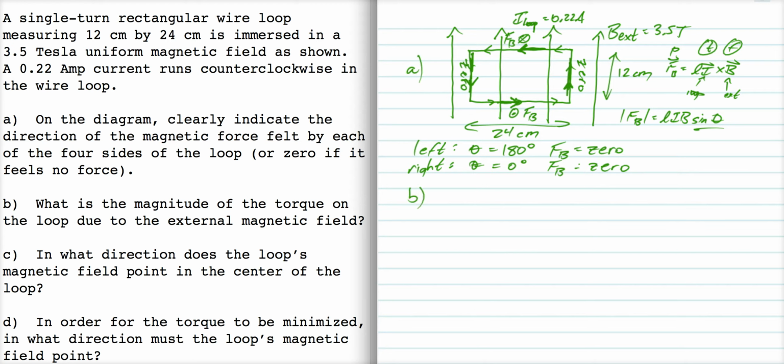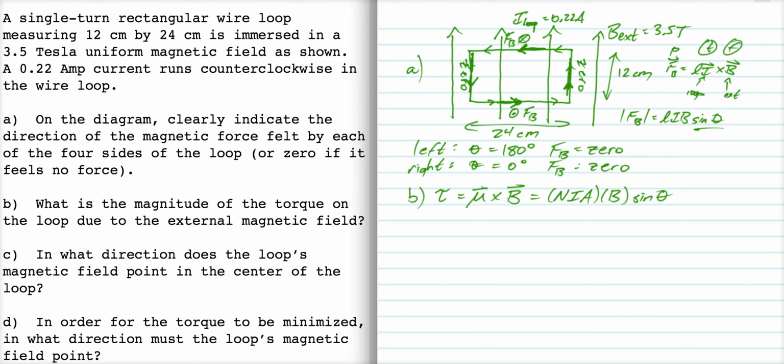Part B, we need to find the magnitude of the torque acting on the loop. Well, our formula for that is mu cross B, where mu is N I A, and then B is that external field times sine theta. Now theta here is the angle between the magnetic field of the loop and the external magnetic field.